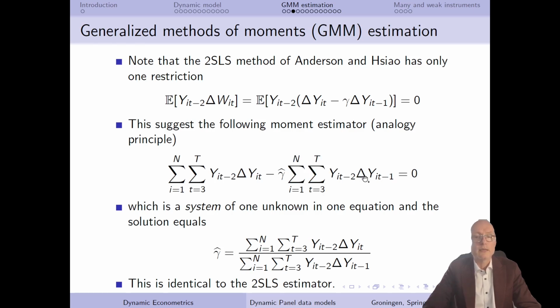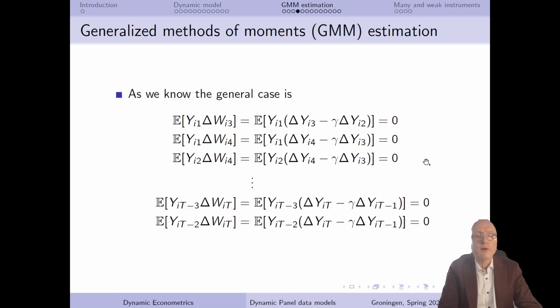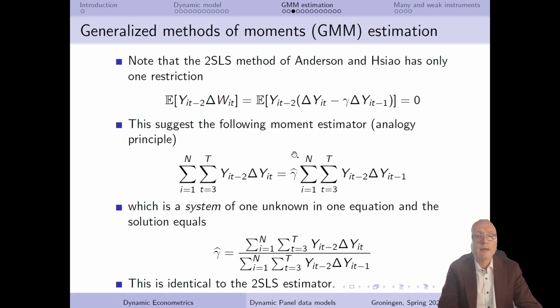So then we get this thing over here, and can bring this term to the other side. And then finally, if I divide the left and the right hand side by this summation that we have over here, then we finally get that gamma hat is equal to the numerator that is over here divided by the denominator.